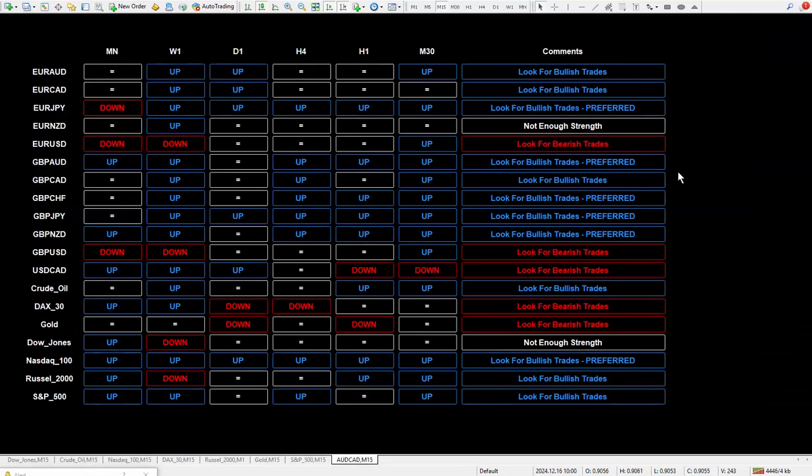Now here's my daily trade plan. It's running in real time. And as you can clearly see, we have still a lot of trading going on for the rest of the day, and it's around 10:40 a.m. Now the daily trade plan checks out from the monthly all the way down to the 30 minutes, and within the comments here it'll make a suggestion.